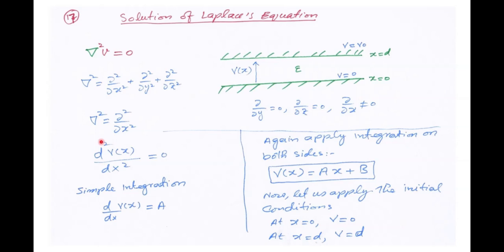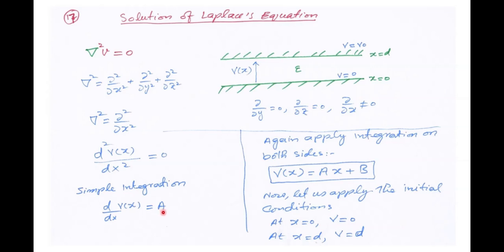Now how to obtain the expression for the potential function? We can do that very simply by applying integration. On first integration, this equation reduces to dV by dx equal to a, some constant.